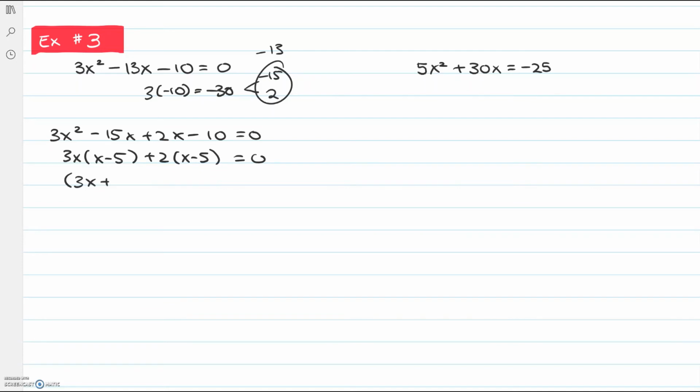So I have 3x plus 2 times x minus 5 equals 0. My two values for x: in 3x plus 2, x equals minus 2 over 3, and in x minus 5, x equals positive 5.